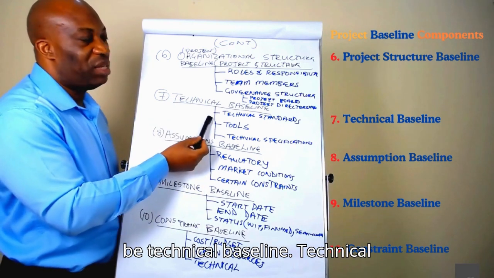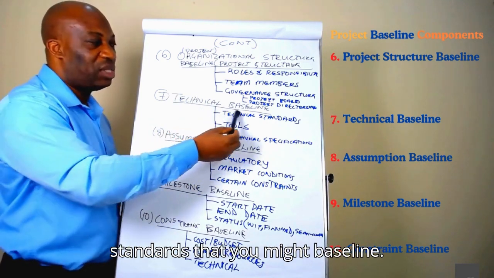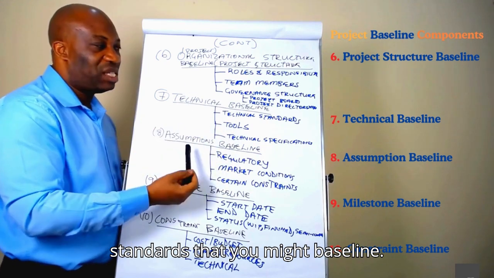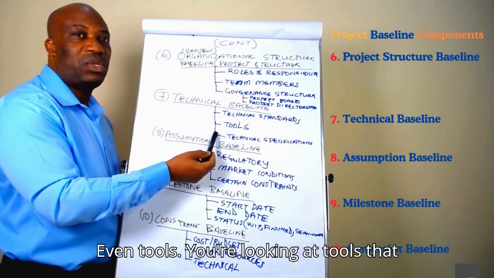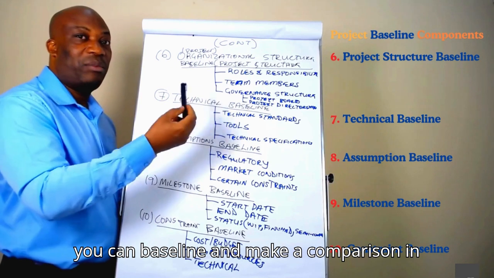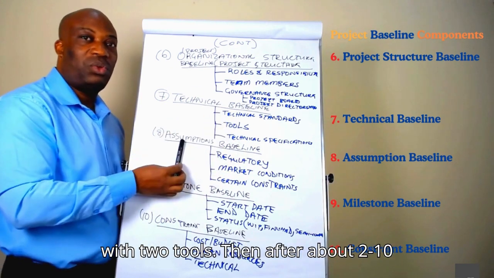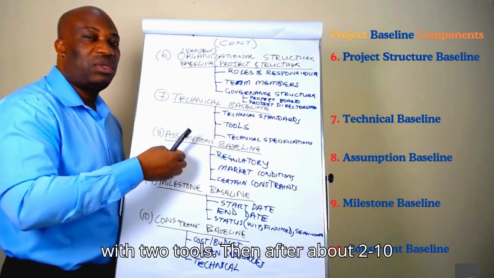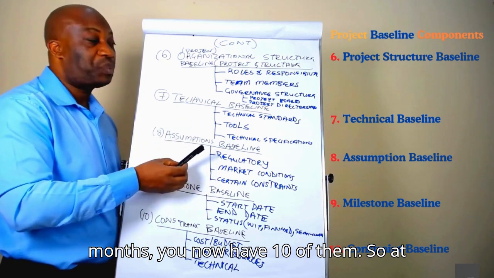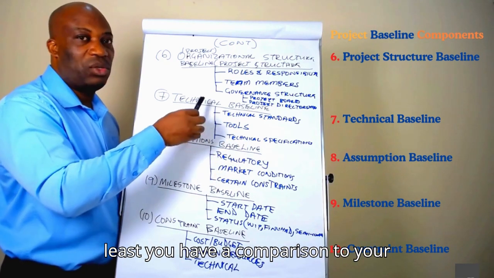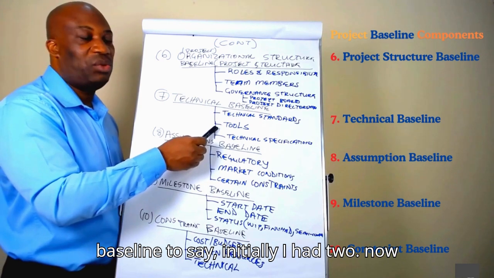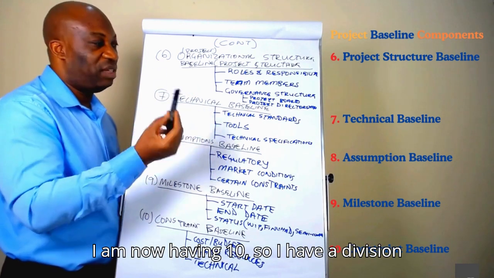There could be technical baseline. You're looking at technical standards that you might baseline. Even tools, you can baseline and make a comparison in the future. Probably you want to start with 2 tools, then after about 10 months, you now have 10 of them. So at least you have a comparison to your baseline to say, initially I had 2, now I have 10, so you have a deviation of 8.